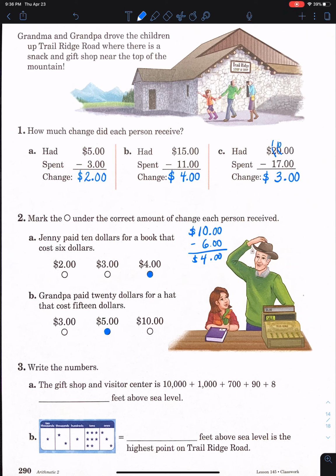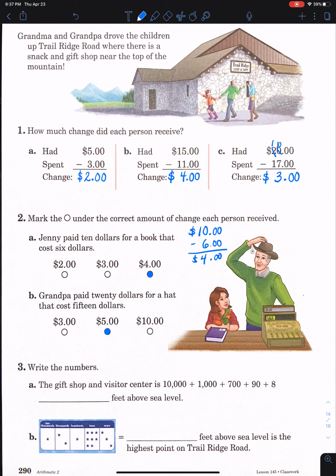All right, now we're going to write some numbers. The gift shop and visitor center is 10,000 plus 1,000 plus 700 plus 90 plus 8 feet above sea level. Okay, this is called when these numbers are expanded. So we're just going to put them all together now.